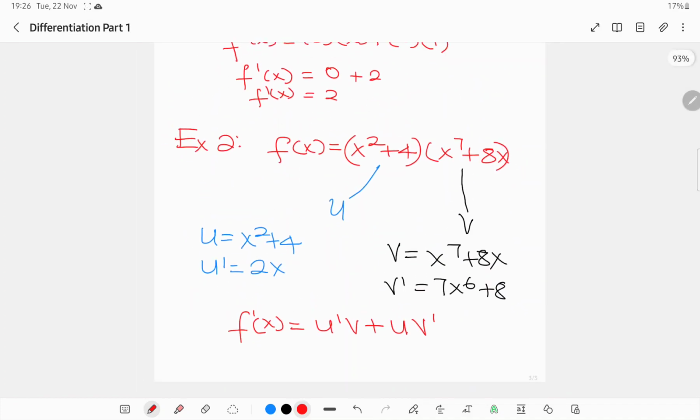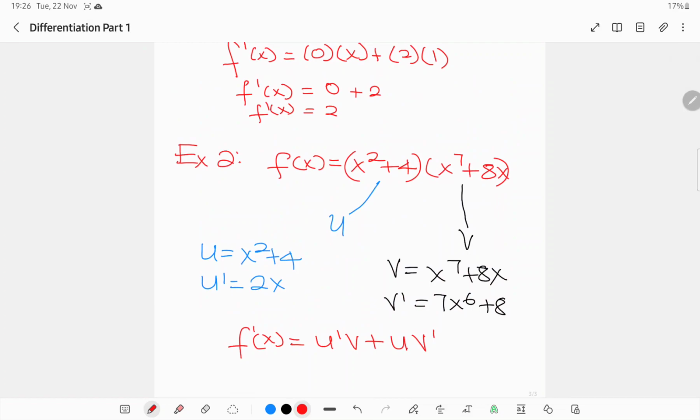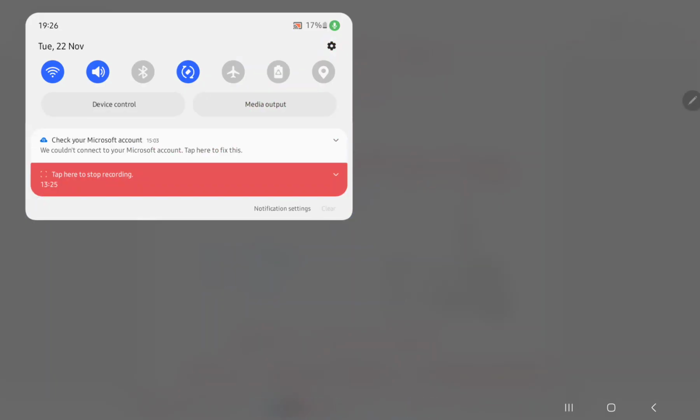We just need to substitute. f prime of x equals our u prime, which is 2x, times our v, the whole thing, x to the power 7 plus 8x, plus our u, x squared plus 4, times our v prime, which is 7x to the 6 plus 8.